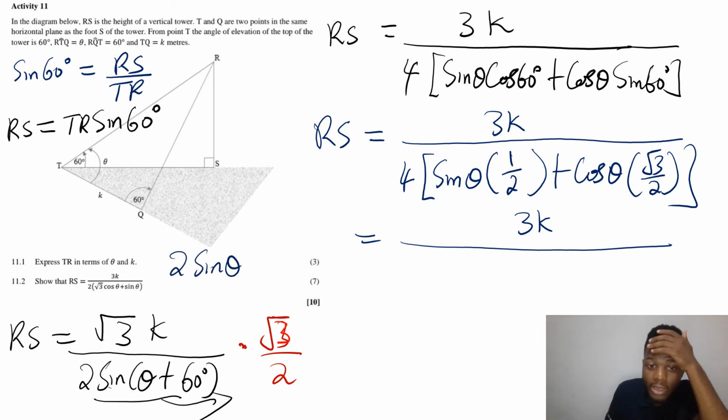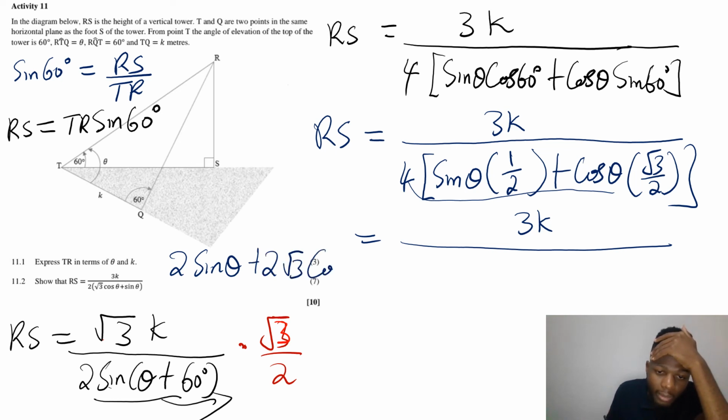Then plus, if you take 4 and multiply by root of 3 over 2, you get plus 2 root of 3 cos theta. I hope you understand. I just take this 4 multiplied by 1 over 2, I get 2 sine theta. 4 multiplied by root of 3 over 2, I get 2 root of 3 cos theta.